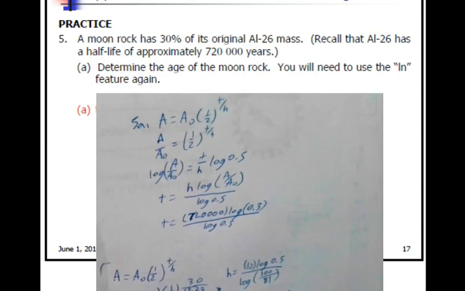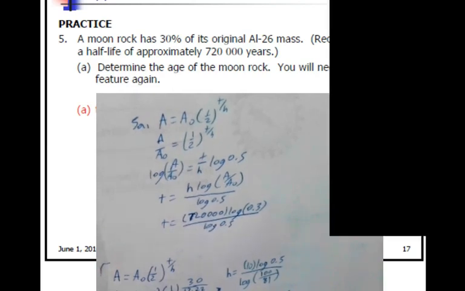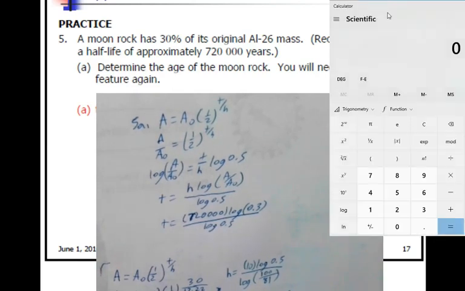So let's do this calculation on our calculator. 720,000 times log 0.3 divided by log 0.5 gets us to, looks like 1.2 million.